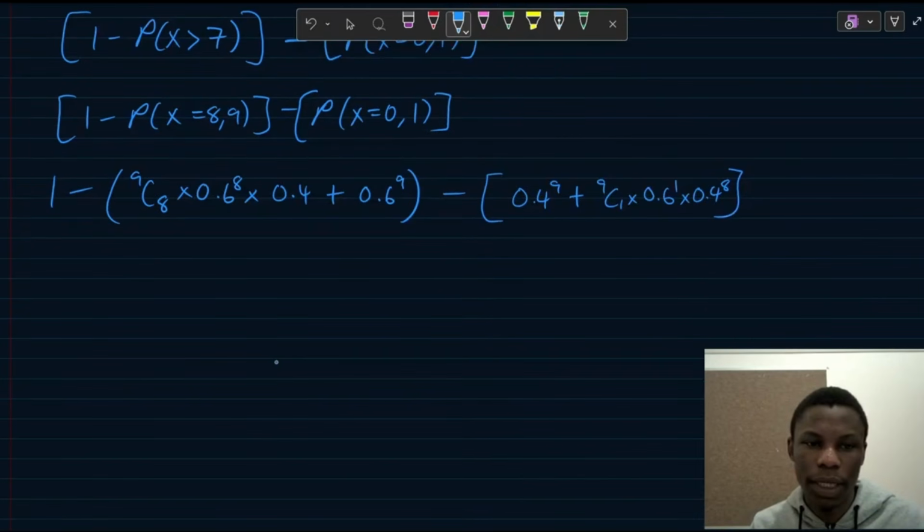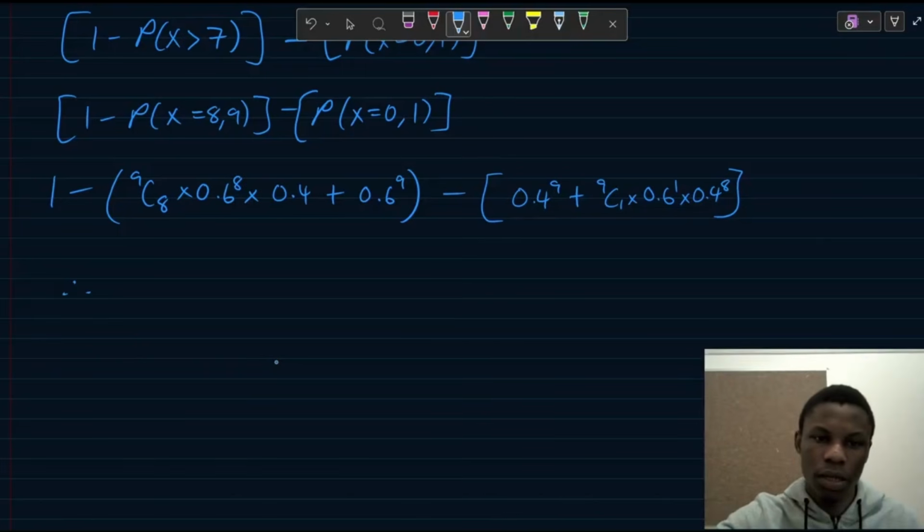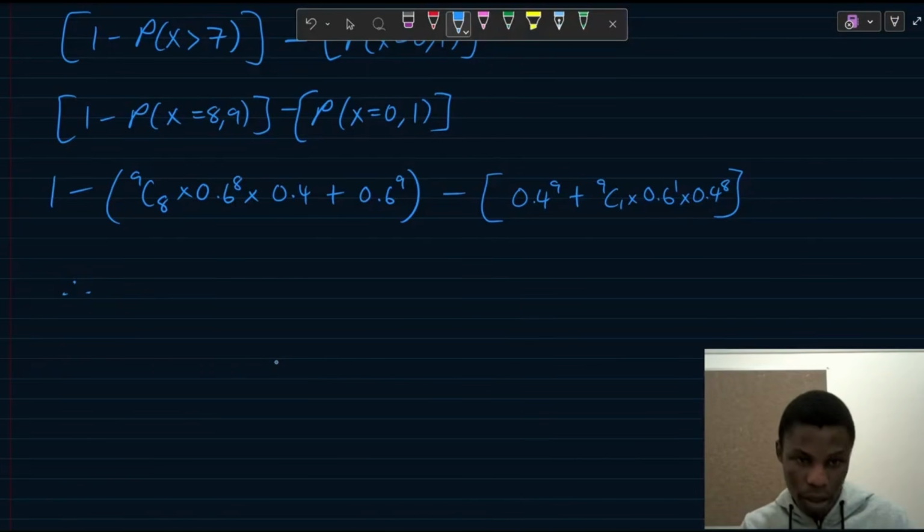And so we can punch this into the calculator. That is 1 minus, open bracket, 9 choose 8 times 0.6 to the 8 times 0.4 plus 0.6 to the 9, close bracket, minus, open another bracket, 0.4 to the 9 plus 9 choose 1 times 0.6 times 0.4 to the 8, close bracket.